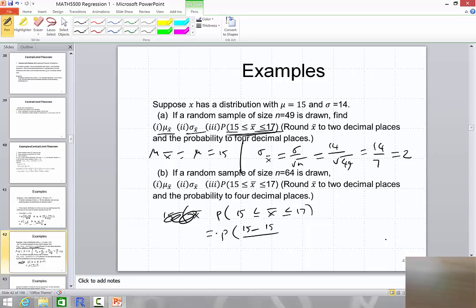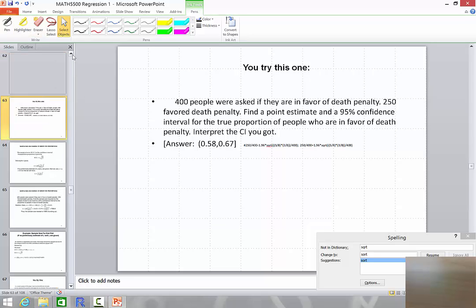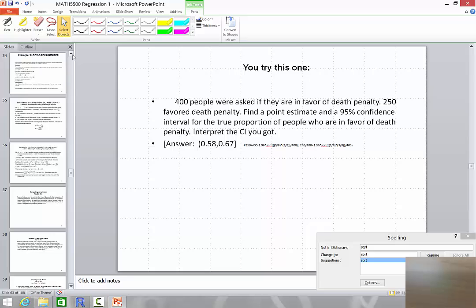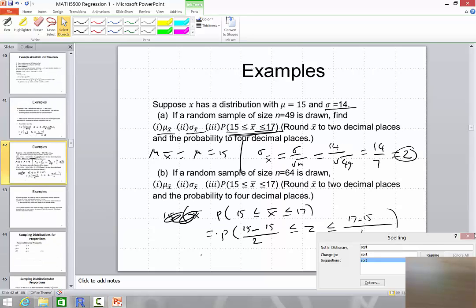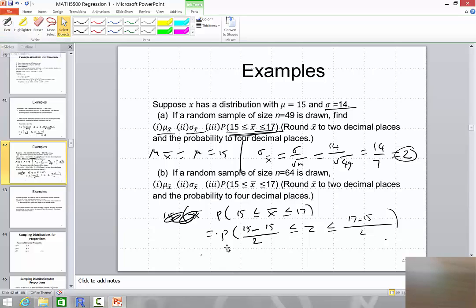Remember, that should be the standard deviation of X bar, not this one, but this guy, 2. So this part becomes 0, and 17 minus 15, 2 divided by 2, is 1. And then you go to the chart for this, subtract, and you'll get the answer.